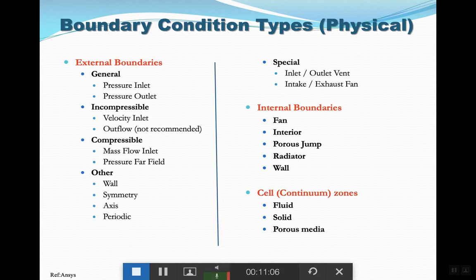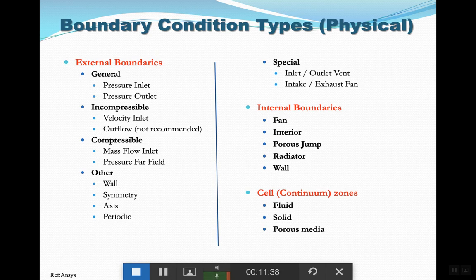Now we will go through them one by one, to see what each of them means and where the applications are for us. External boundary conditions are the boundary conditions in the surroundings of your system, where your control volume finishes. That's basically the actual boundary between your system and the outside world.